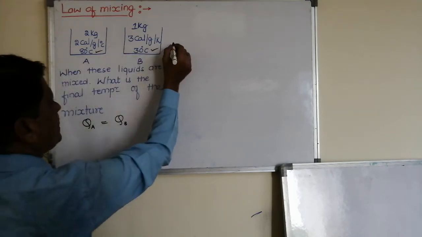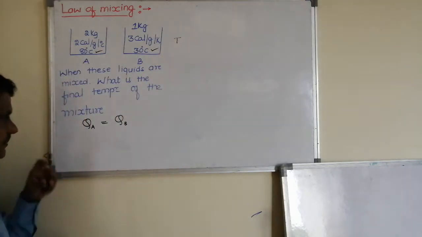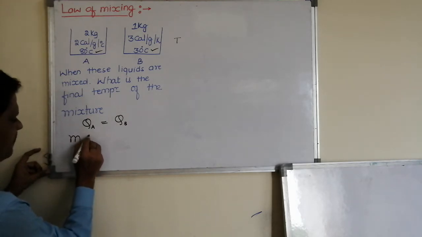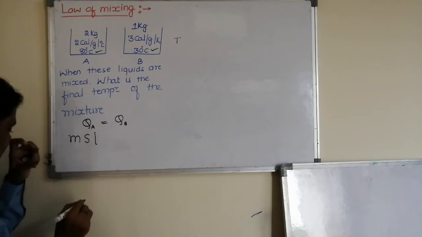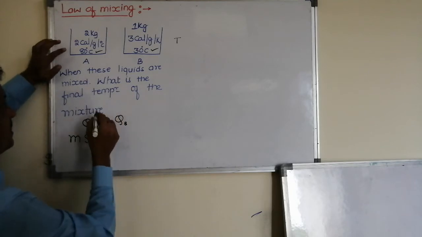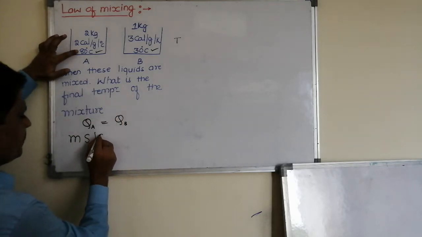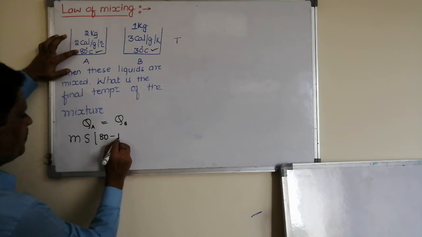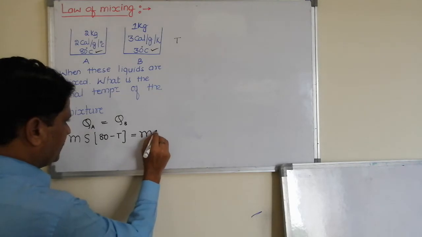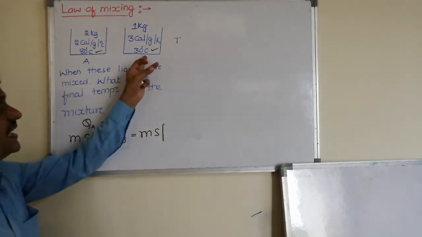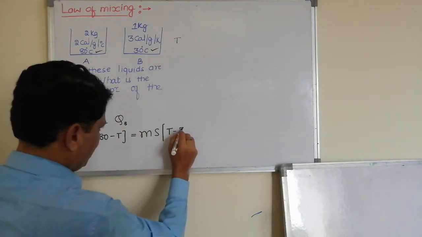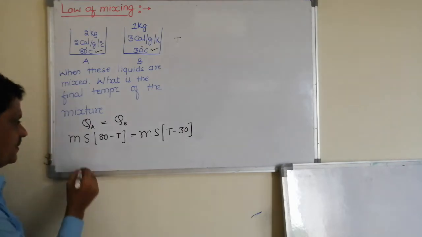Say after mixing, the final temperature is T. Since A is losing heat, it is mass into specific heat into the difference in temperature. Since it is losing, the final temperature is less than 80, so 80 minus T. For B it is gaining, so the final temperature is more than 30, therefore T minus 30.